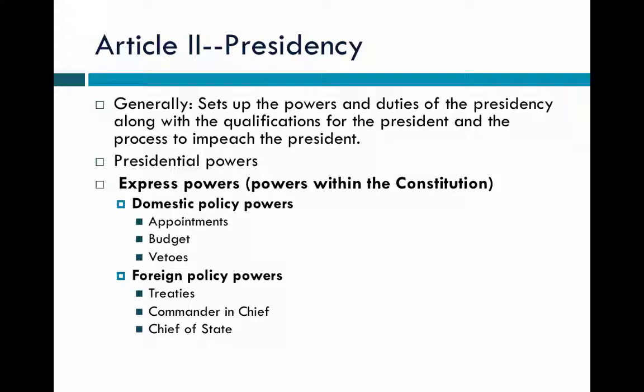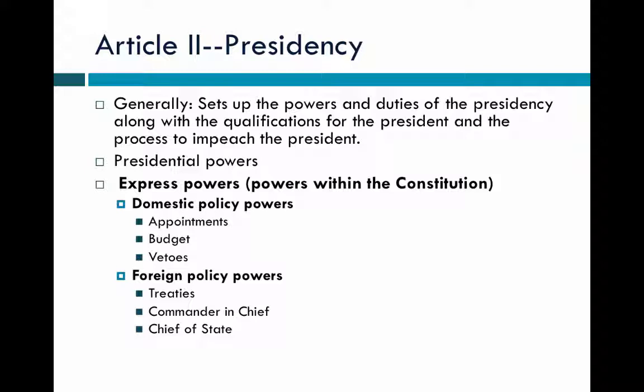And the presidential powers can be described as falling into one of two categories. One is the powers within the borders, so the domestic policy powers, appointments of officers, the budget powers, which are new. They're added to the constitutional duties by Congress, and the veto power.